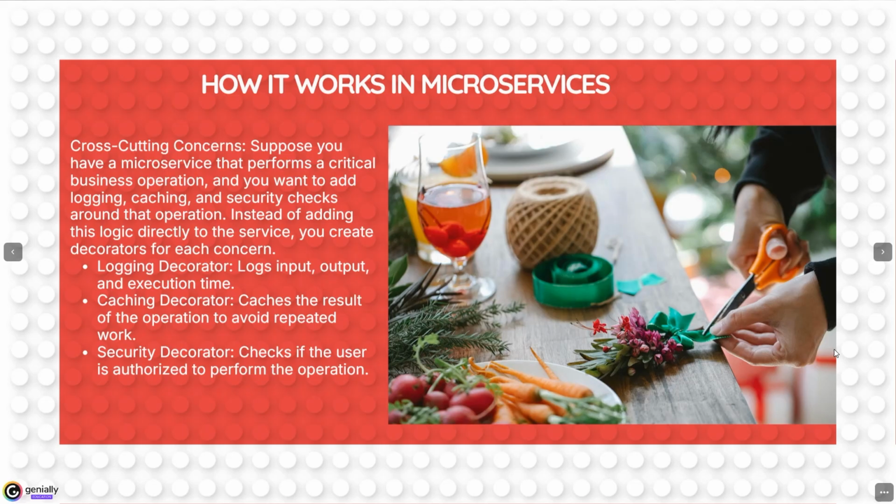So what are these? One is logging decorator. Logs input, output, and execution time. The other one is caching decorator. It caches the result of operation to avoid repeated work. The other one is security decorator. It checks if the user is authorized to perform the operation.